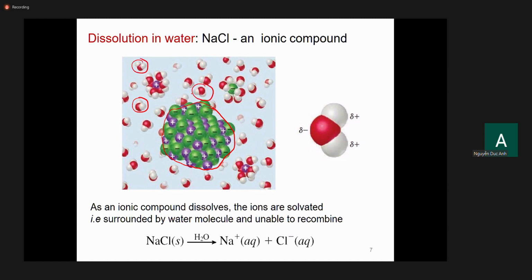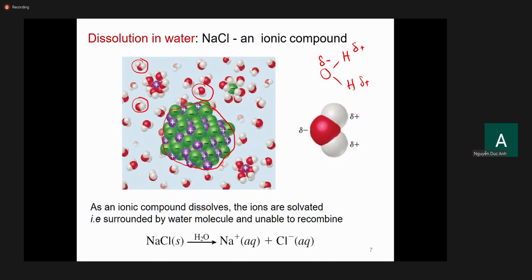Let's understand the water molecule: oxygen, hydrogen, hydrogen. Oxygen has a higher electronegativity compared to hydrogen, so the oxygen will bear the negative charge, and hydrogen will bear the positive charge.